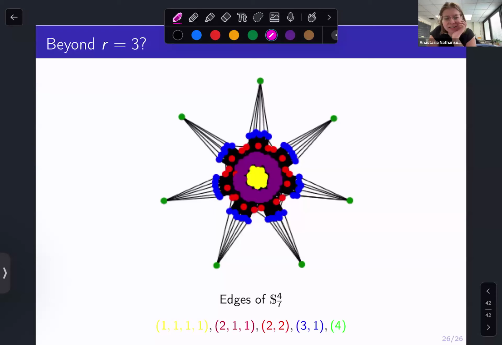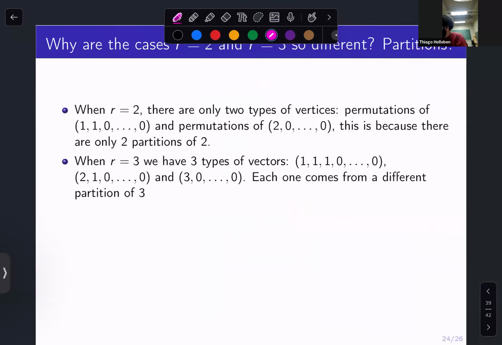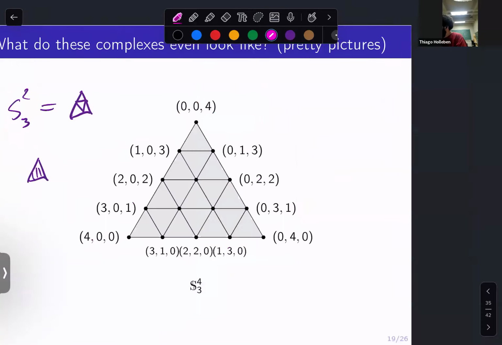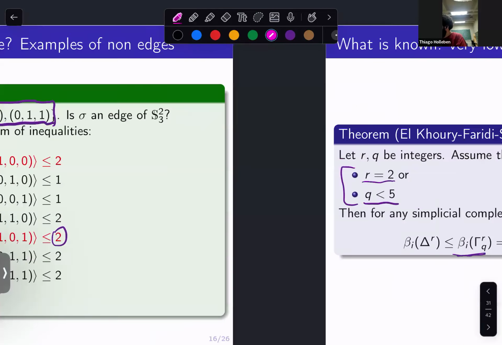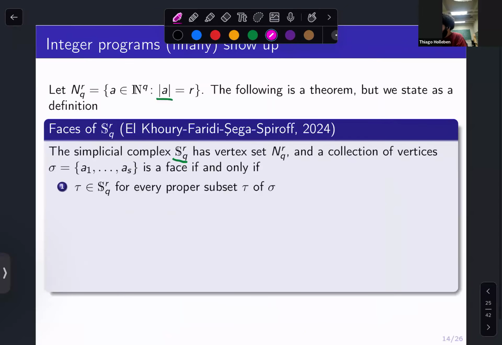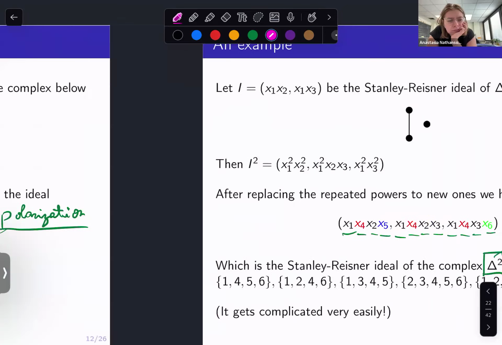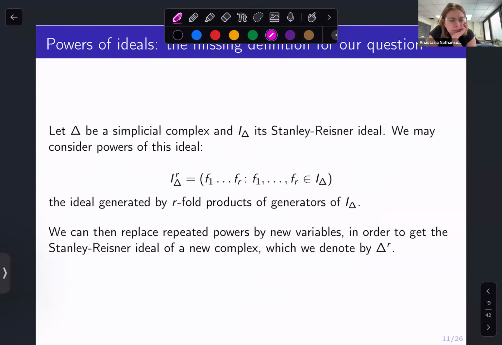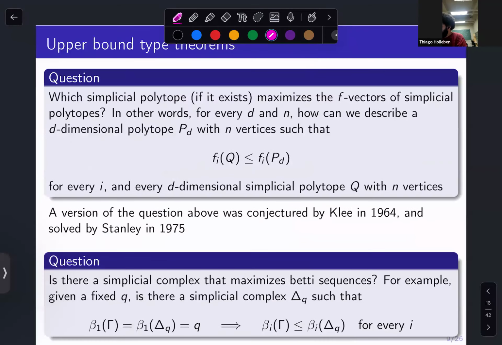No, but it's a good question, because one thing that's implicit in everything I was saying is, if you go back to the upper bound types of results, like the upper bound theorem, you have two parameters that you need to fix: the number of vertices, and the dimension of the polytope.